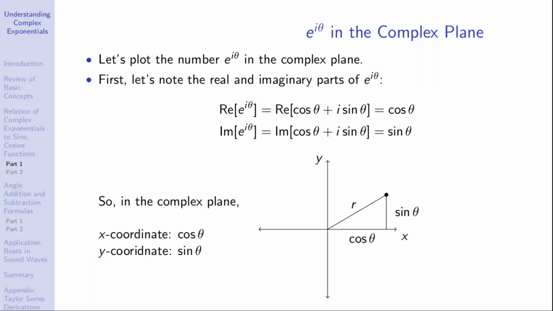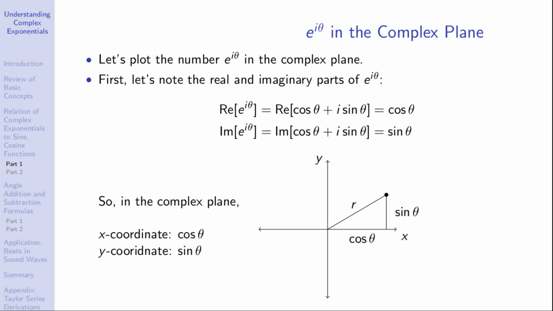Okay, so let's plot the number e^(iθ) in the complex plane. First, let's note the real and imaginary parts of e^(iθ). The real part of e^(iθ) equals the real part of cosine θ plus i sine θ, which equals cosine θ.